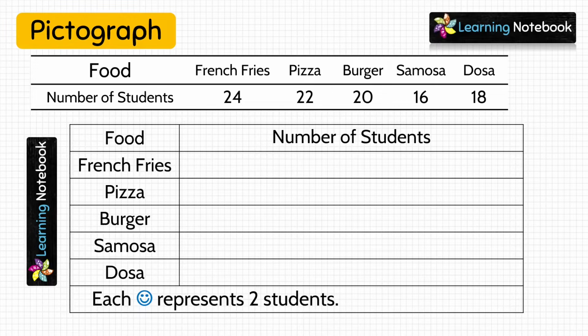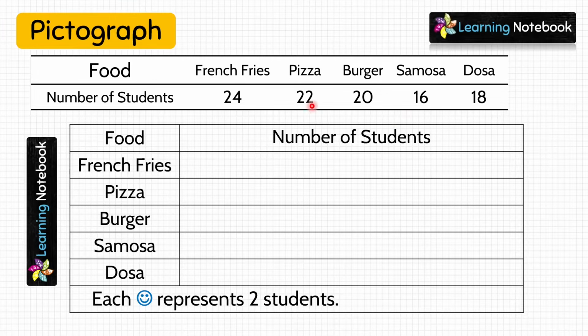Now, can you tell me why I have taken the scale as 2 students but not 1, 3, 4 or 5? Let me tell you. If we decide that each smiley stands for 1 student, then we will have to draw many smileys to represent this data.